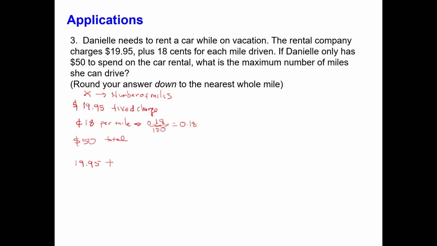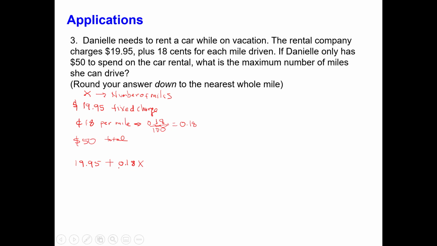for each mile. Then how can we write this? She needs to pay 19.95, the fixed charge, but she needs to pay in addition 0.18 times the number of miles she drives. How much does she need to pay? The fixed charge plus the amount she has to pay for the number of miles.